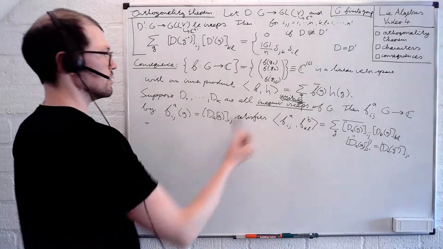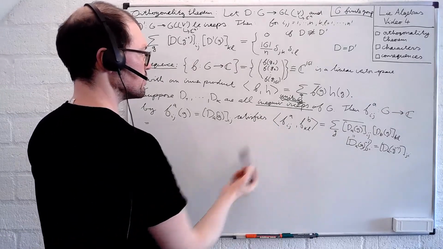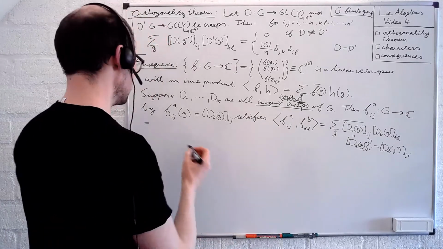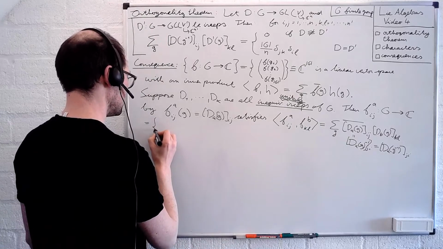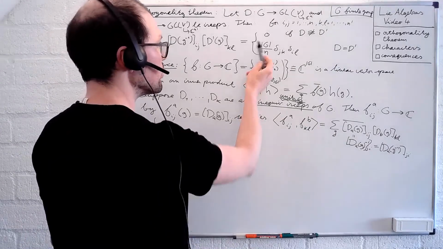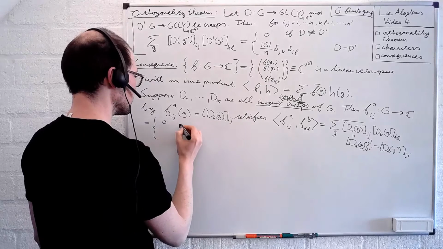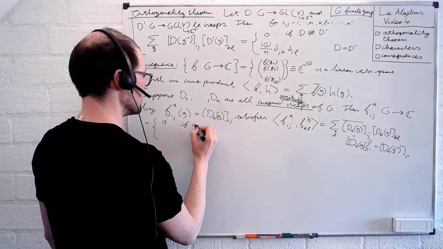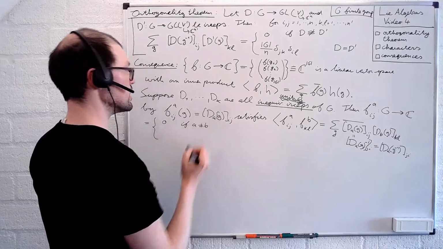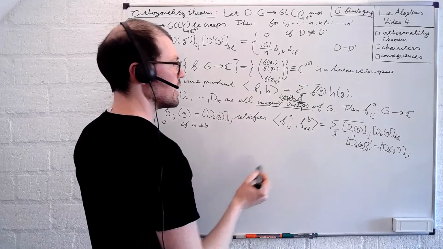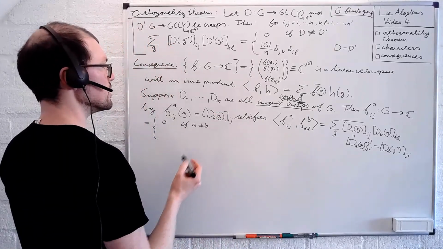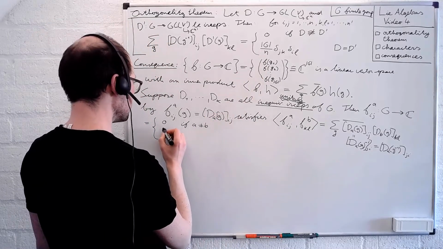So we can immediately evaluate what this inner product is. It is 0 if a is not equal to b, and if a is equal to b, then it's given by this formula.